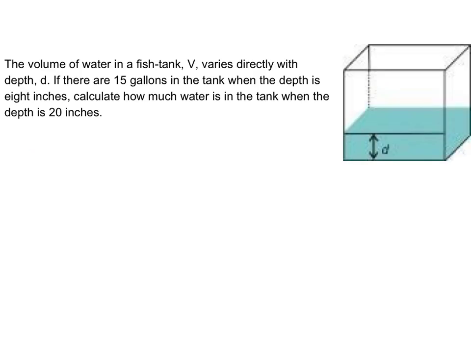The volume of water in a fish tank V varies directly with depth D. If there are 15 gallons in the tank when the depth is 8 inches, calculate how much water is in the tank when the depth is 20. So what we need to do first is we need to find k. So our equation is going to look like this. V is equal to k times d.